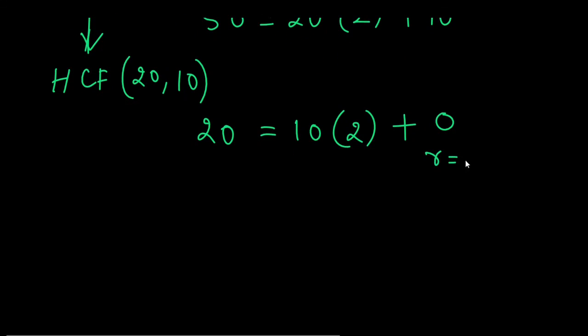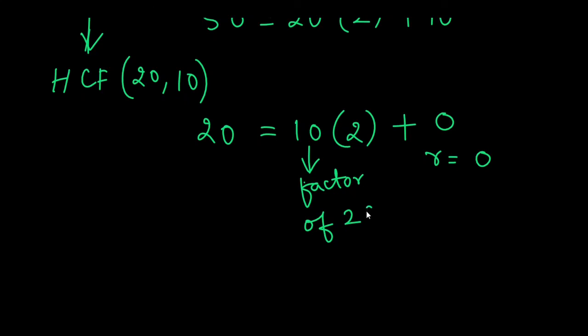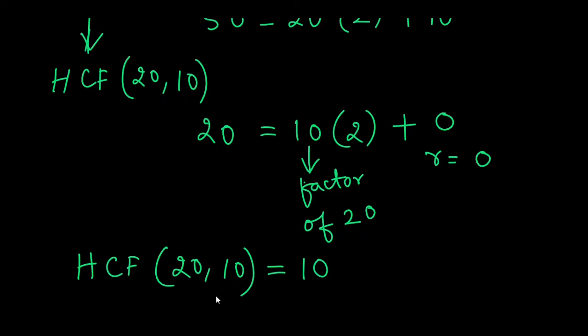That means this 10 is the factor of 20. So HCF of 20 and 10 is 10. When of two numbers, one is a factor of the other number, the factor is the HCF.